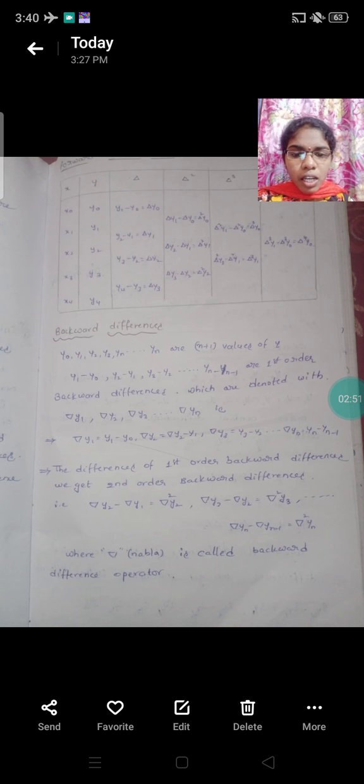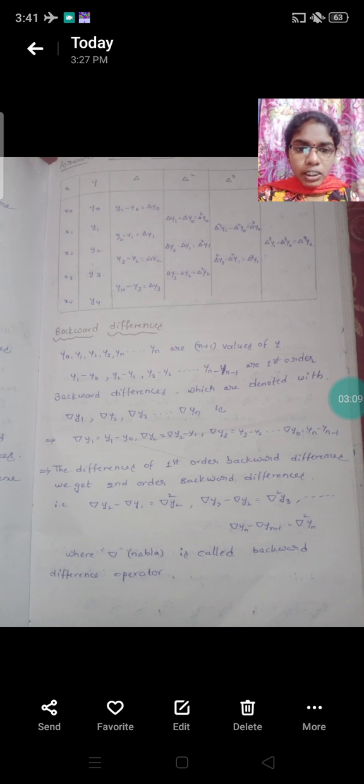Nabla y1 equal to y1 minus y0, nabla y2 equal to y2 minus y1, nabla y3 equal to y3 minus y2, and so on. Nabla yn equal to yn minus yn minus 1.